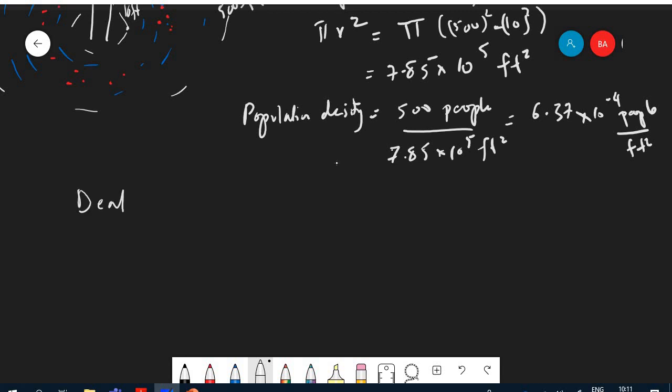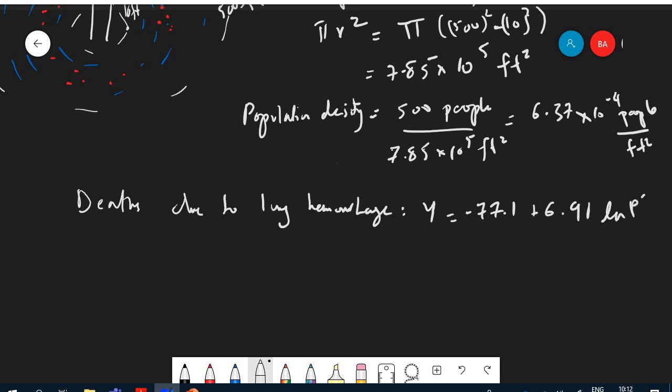So let's start. The death due to lung hemorrhage, we already had seen that in our previous problem. It was minus 77.1 plus 6.91 ln P, right? And we already know P. Oh, do we really know P? Yes, of course we know P. We can calculate P from the radius, and we're going to come to that in a moment.